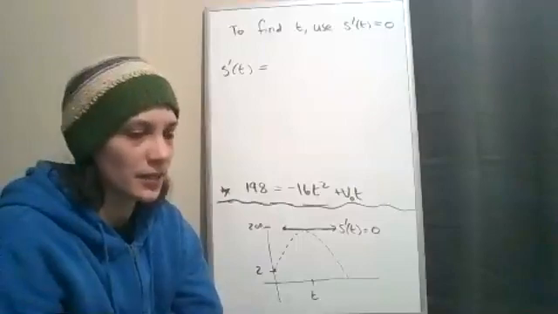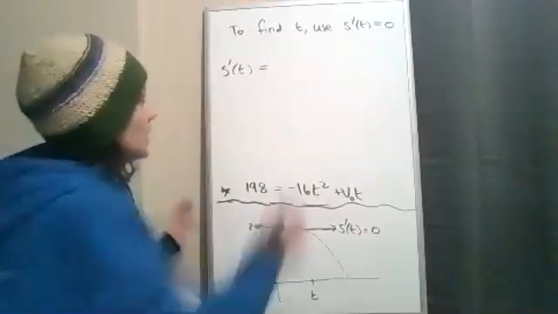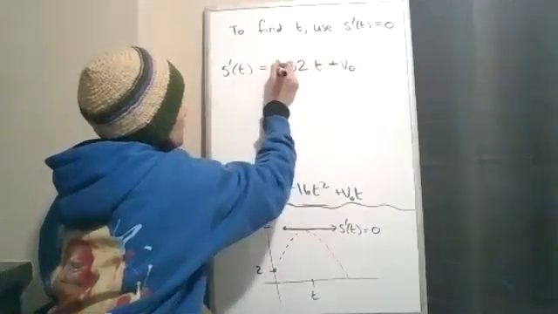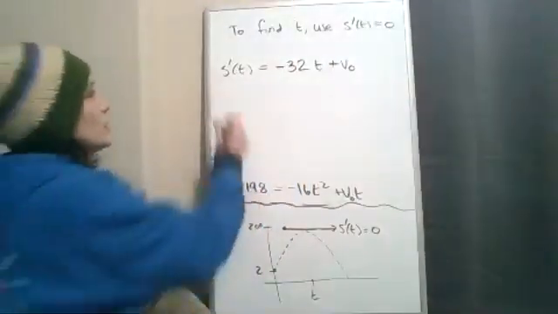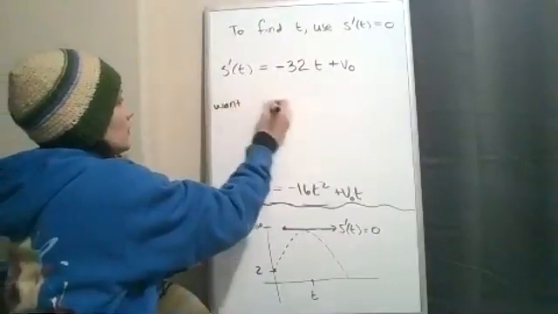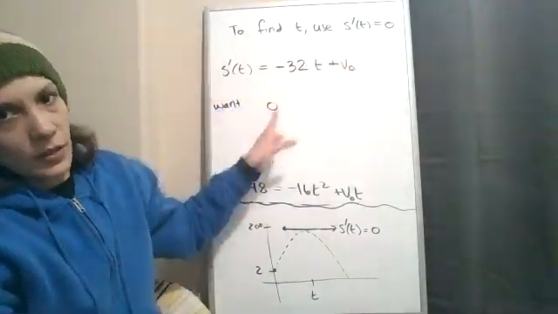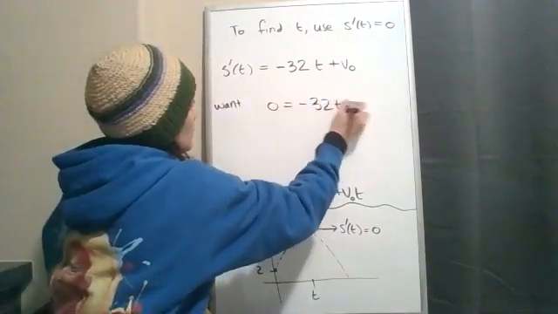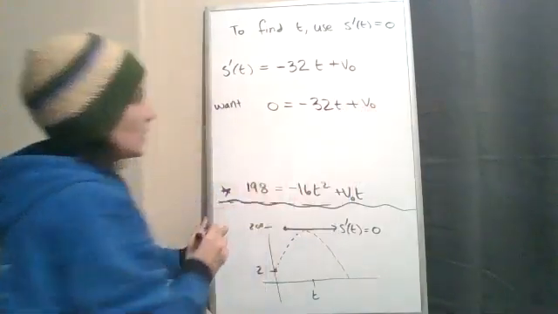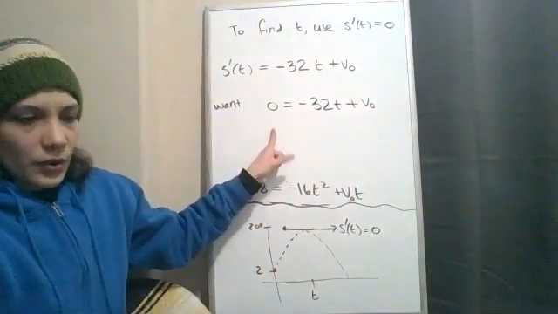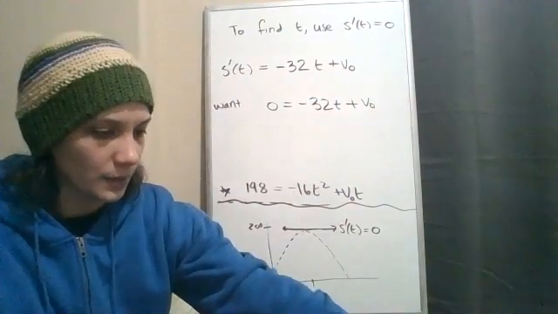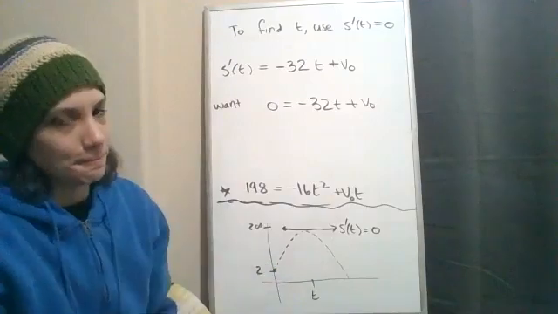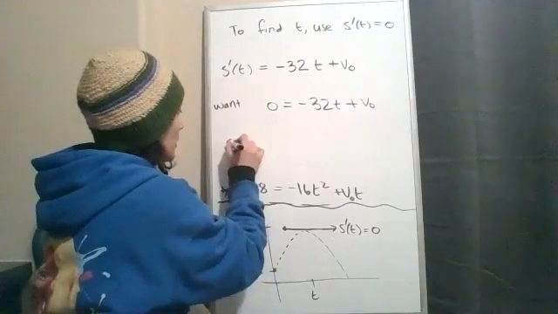We have that function S of t. Take the derivative of it to get negative 32t added v naught. And again, we're using this part here, so 0 for S prime of t. Solve for t. Gotta get used to these.